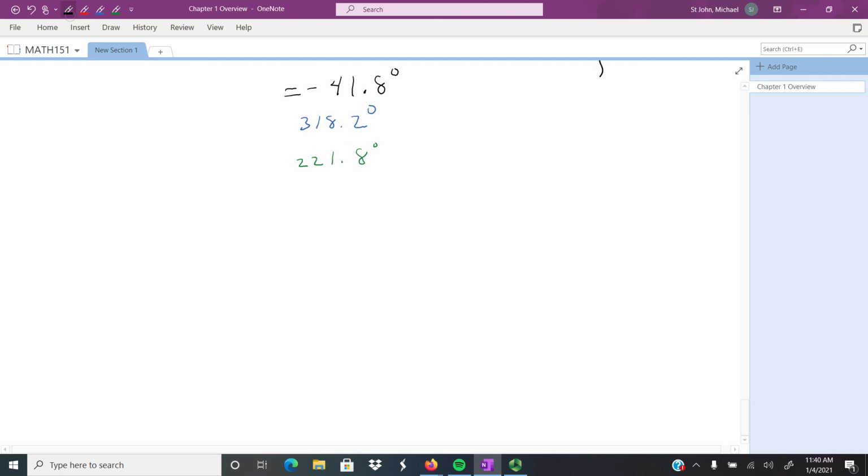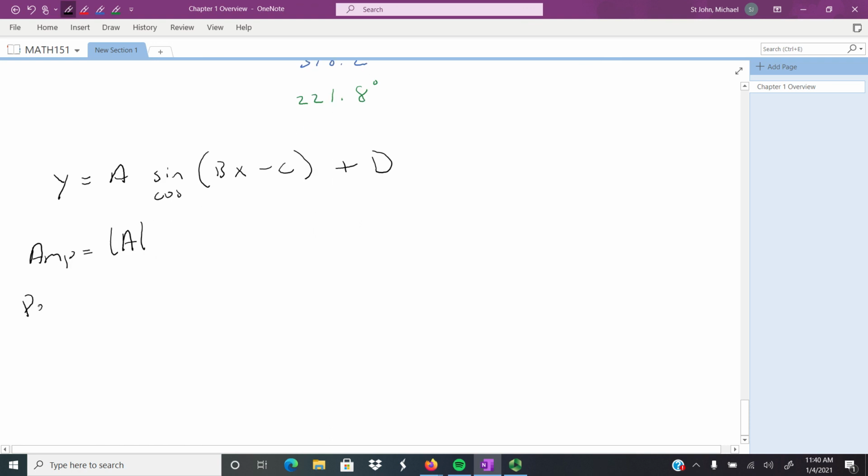And then the other thing you've seen before was graphing trig functions. So y equals a sine or cosine of bx minus c, plus d. Remember, when it was in this form, the amplitude was given by the absolute value of a.